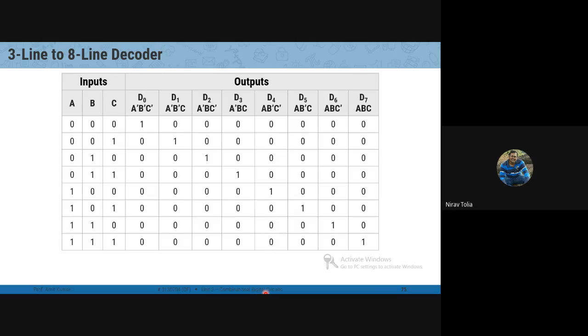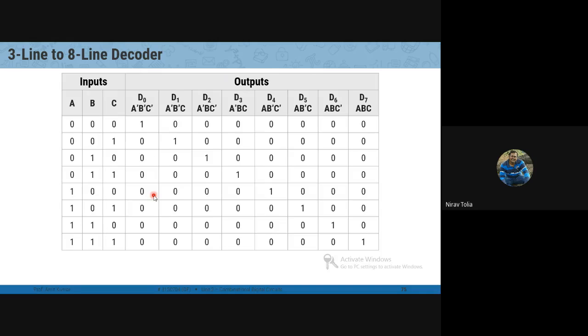In this experiment we have to learn about the 2 to 4 line decoder. Here we have a 3 to 8 line decoder. As the input we have 3 lines and as the output we have 8 possibilities.